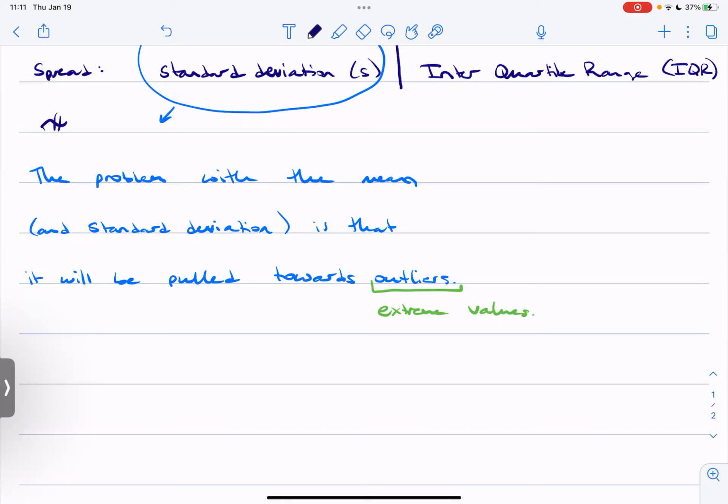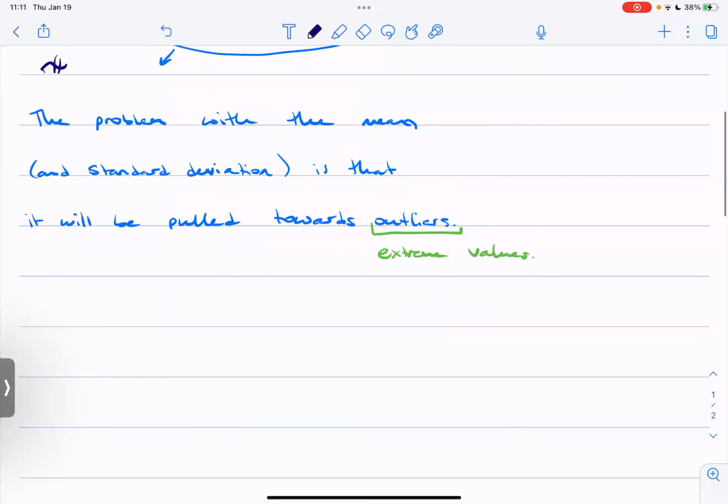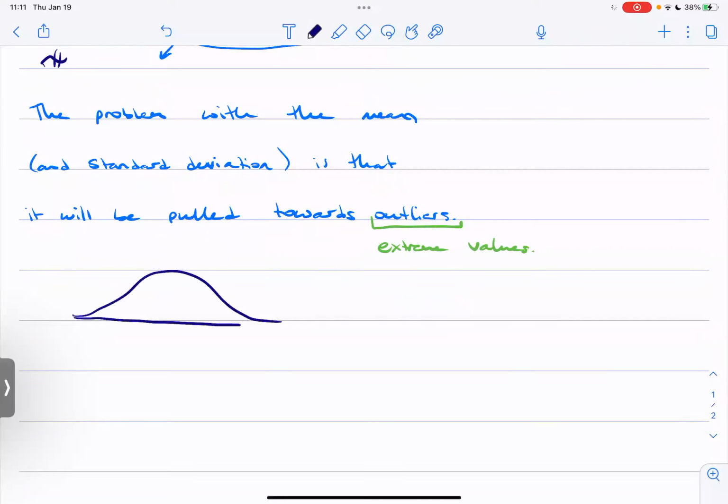Only boring books. Yeah. And so what happens is, if you have a normal distribution, then the center is here. Sorry, that was a weird normal distribution to draw. I'll try better. Because it's symmetric, the center is in the center. It's not being pulled toward any direction, and so here the mean is the center.